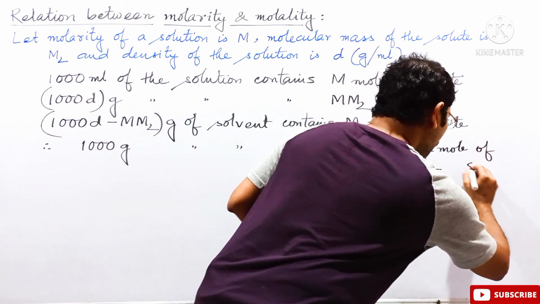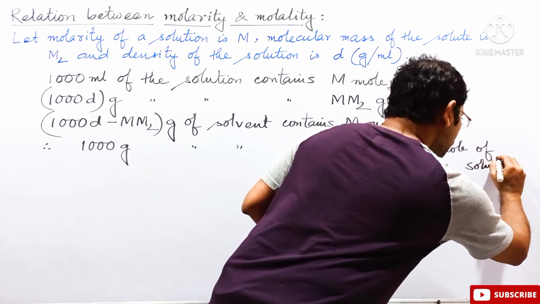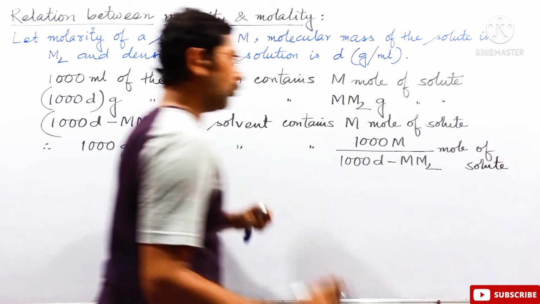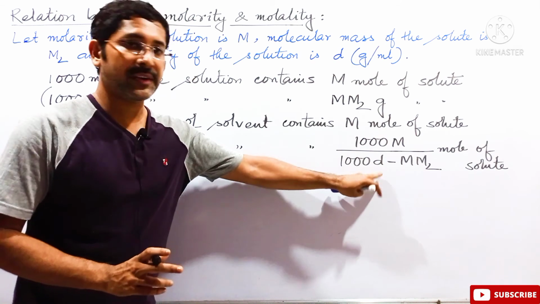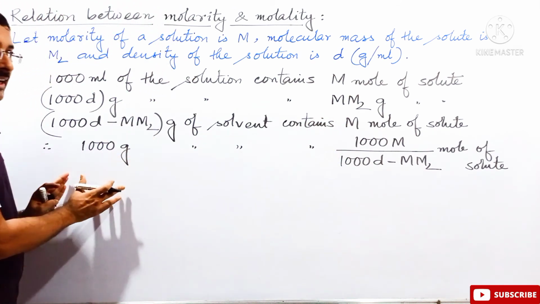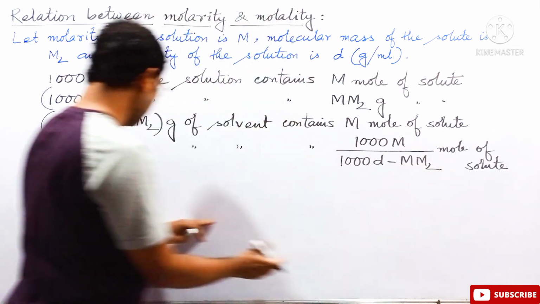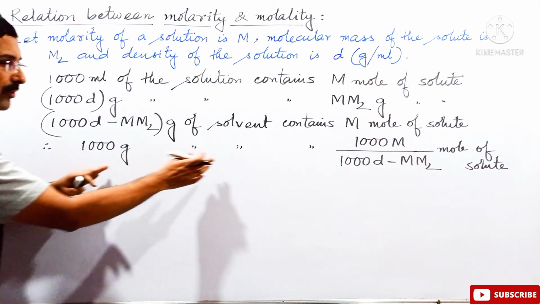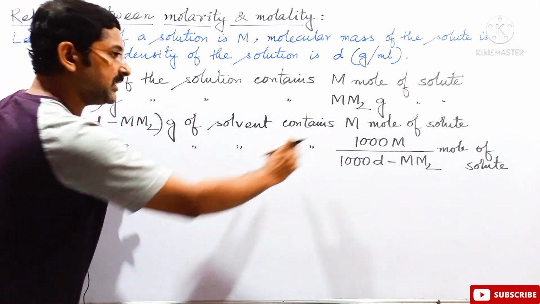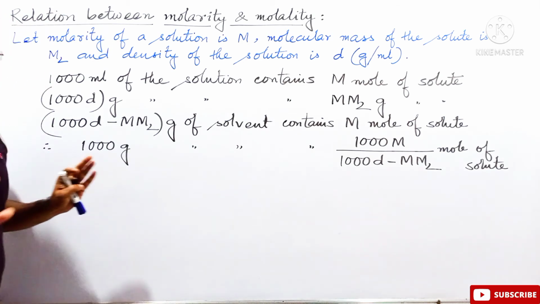This is the mole of solute. Now recapitulate the definition of molality. Molality is the number of moles of the solute present per 1000 gram of the solvent. This is the molality of the solution.